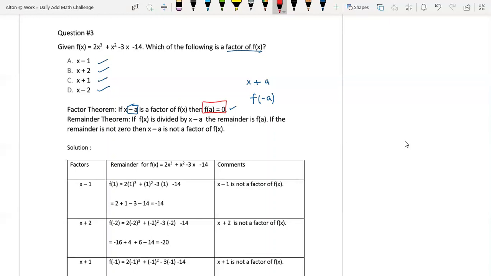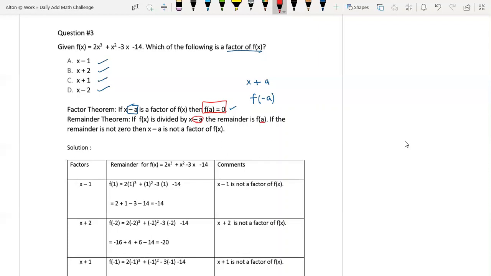So you just substitute your value here, remembering that you do not include the same sign but the opposite sign when you are substituting. So if it's minus a, you substitute f of plus a. And if it's plus a, you substitute f of minus a.